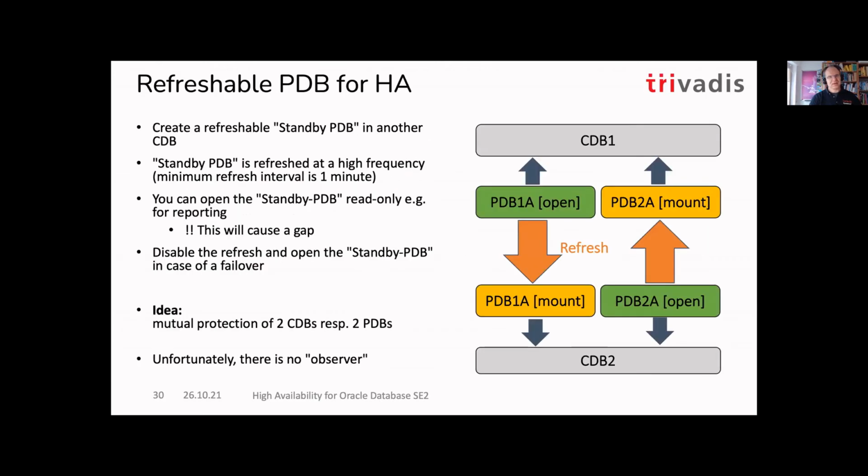Okay. High availability and refreshable PDB. Well, the idea is you have one PDB. Let me take the PDB1A, which is part of the CDB1, and refresh this PDB to another CDB, CDB2 in this case, and we keep the PDB1A in CDB2 in mount state, and refresh it every minute.